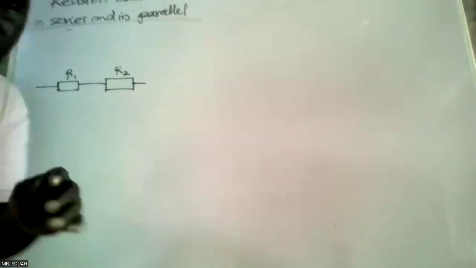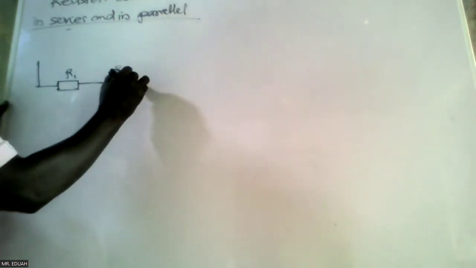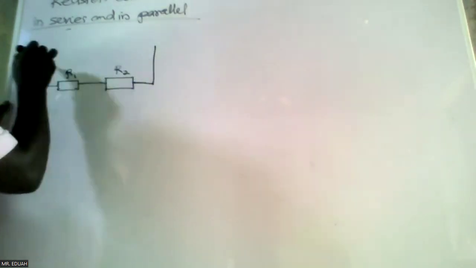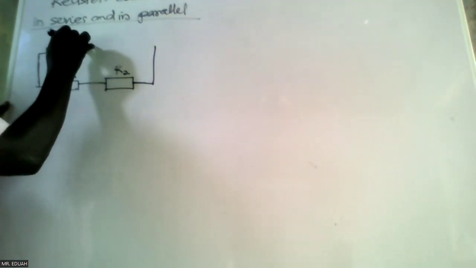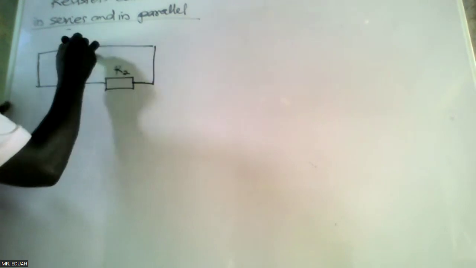So, two resistors connected in series. The resistors must always be connected to a source of EMF for current to flow. So let's connect this to a source of EMF, a battery.